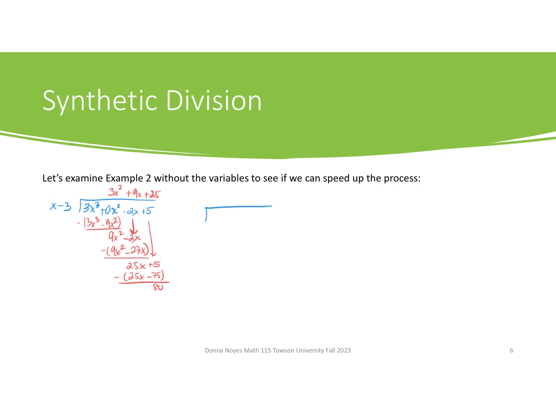Well, that would be 1x minus 3, which is going to look a little funny. And then we would have 3, 0, negative 2, and 5 here, with on the top a 3, a 9, and a 25. And let's do the same underneath.